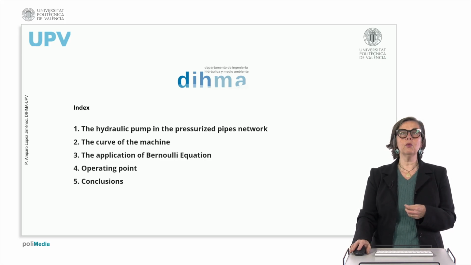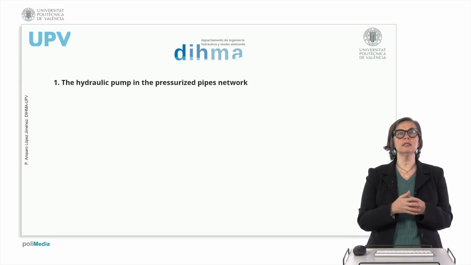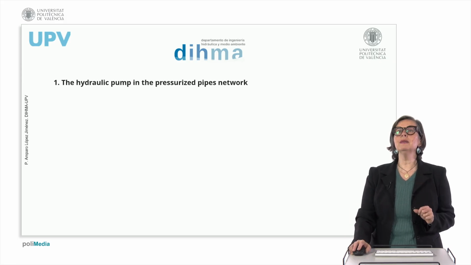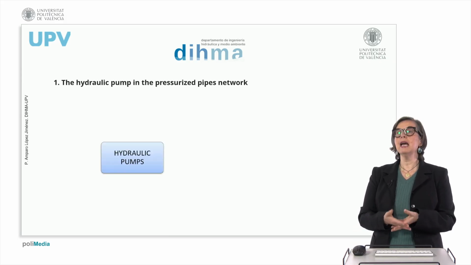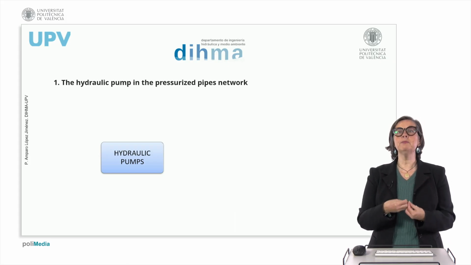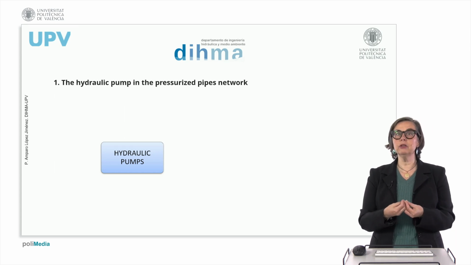So, what is the hydraulic pump in the pressurized pipes network? First of all, we must consider that to get pressure, we need to have pumps. Hydraulic pumps can be of several types, but these are machines which give pressure and flow.